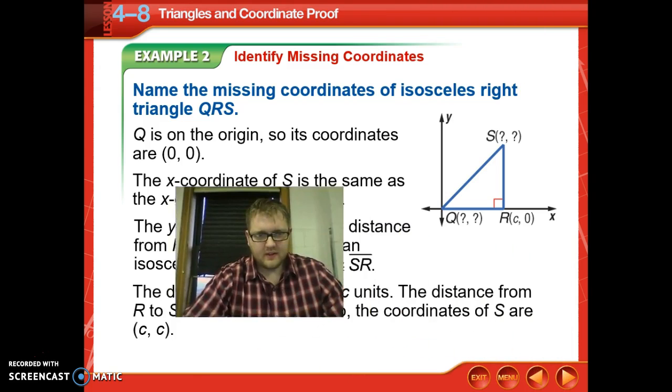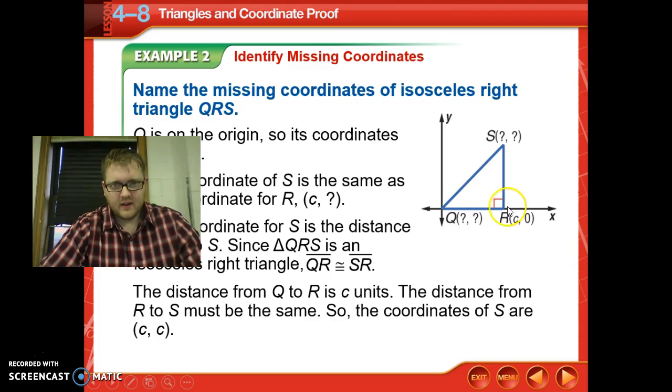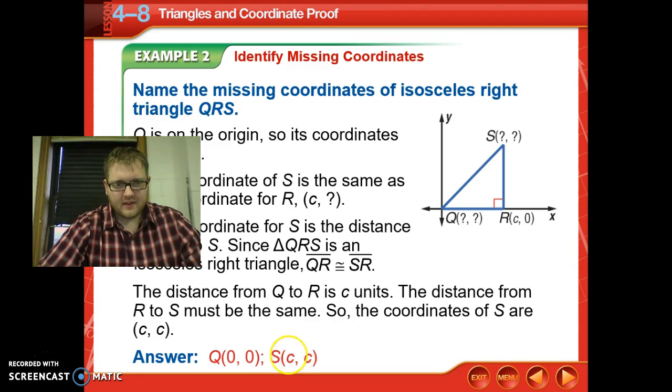The distance from Q to R is going to be C, and the distance from R to S has to be the same because those two sides are congruent. So we can call the x coordinate for S C, and we can call the y coordinate for S C as well. So we know Q is at 0, 0, and S is at C, C, or whatever variable you choose, as long as both coordinates are identical.